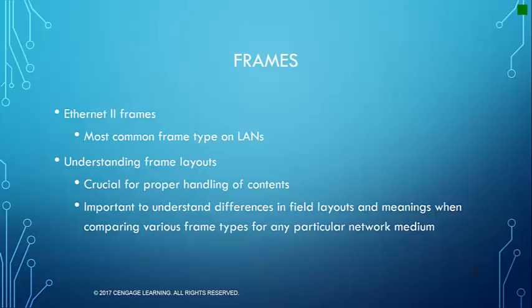Understanding frame layouts is critical for the proper handling of their contents, regardless of the type of frame in use. Such frame types typically include start markers or delimiters, sometimes called preambles, destination and source MAC layer addresses, a type field that identifies the protocol, and the payload itself, which contains the actual data inside the frame.